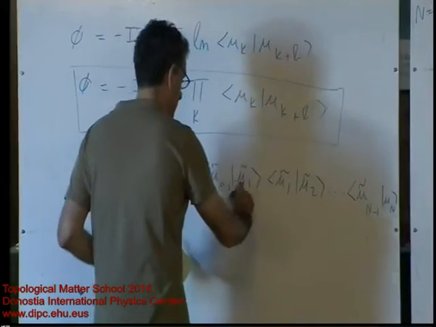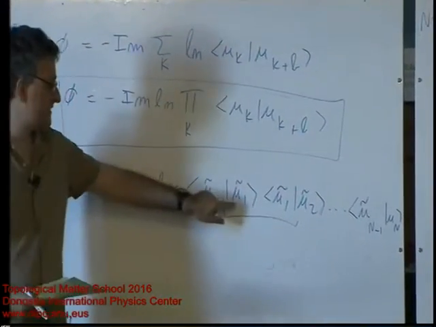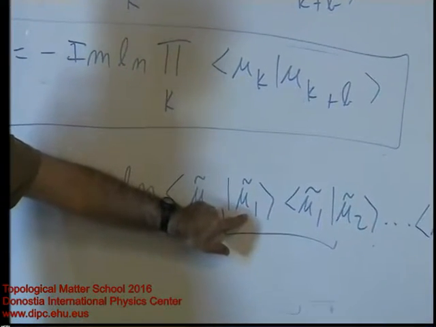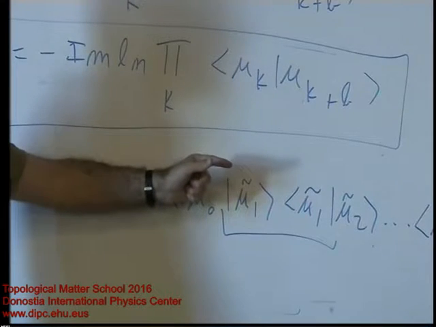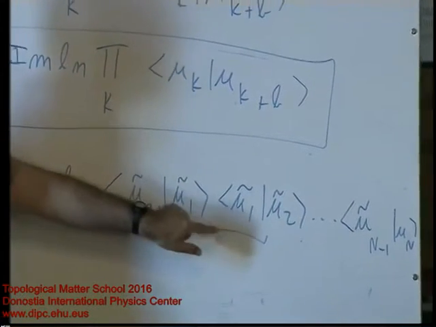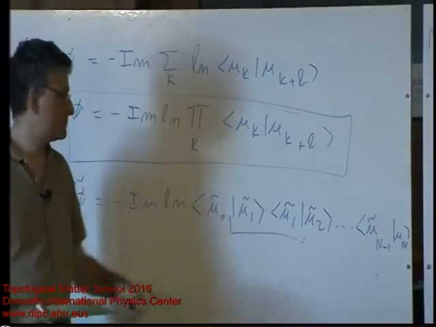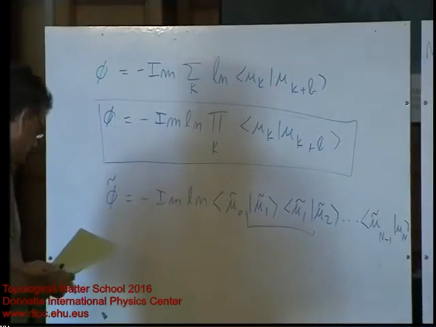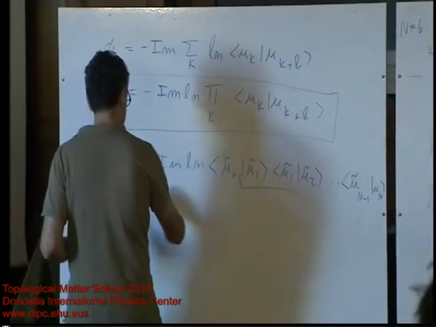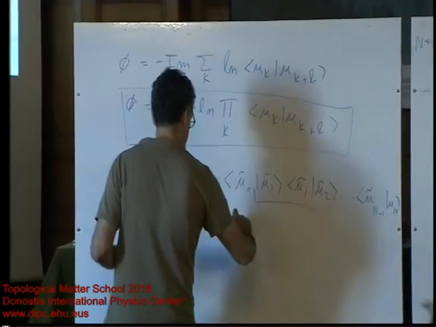What you can see is that when you change the phase of this state by some factor, the gauge phase appears twice with opposite signs because you have the ket and the bra. So that cancels out, right? So in the end, we get back to the same thing.